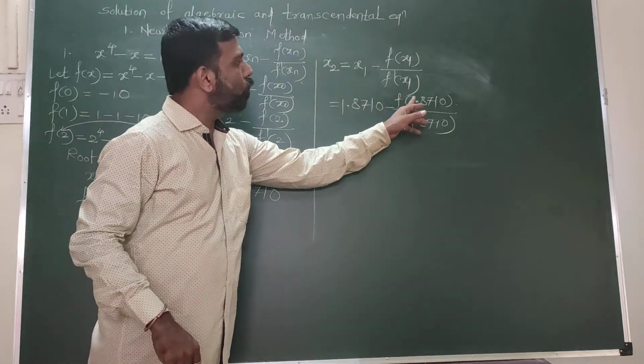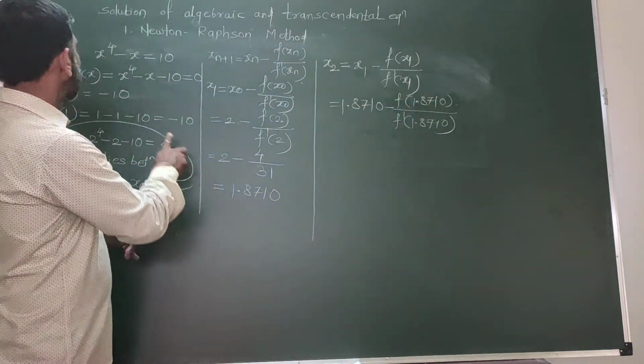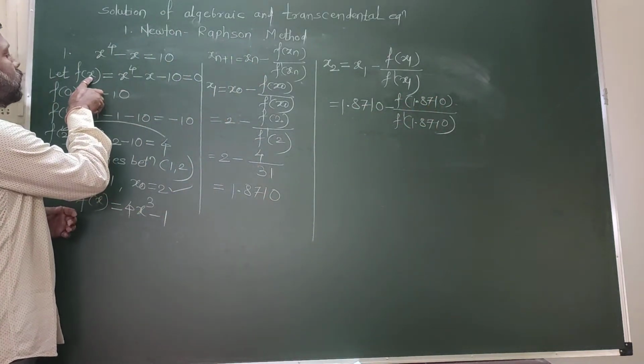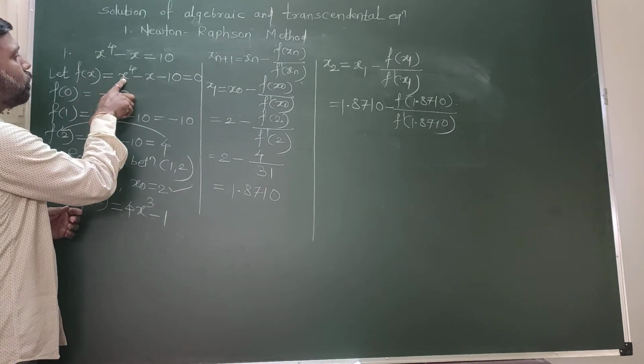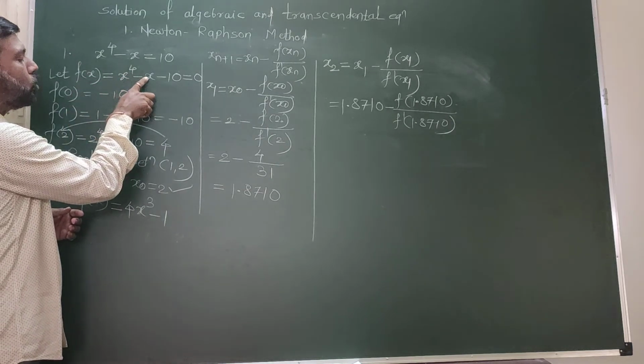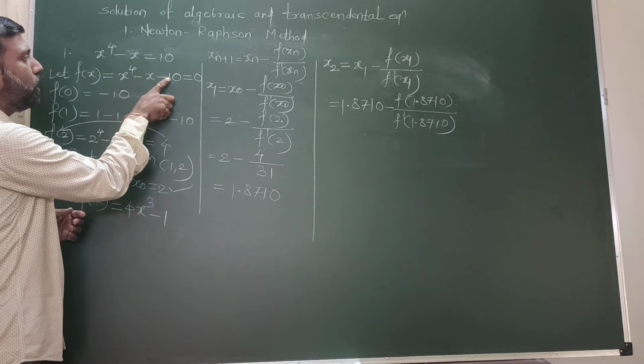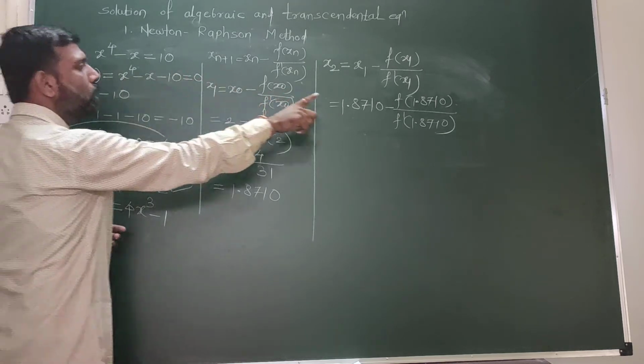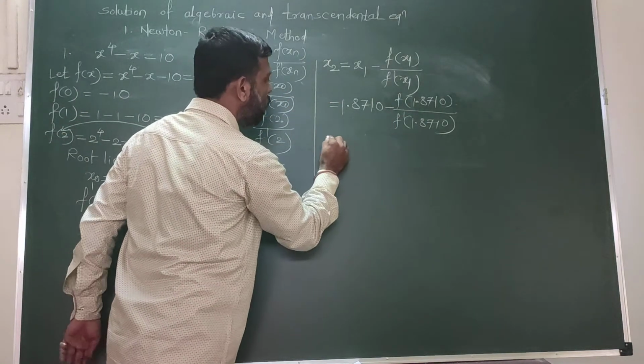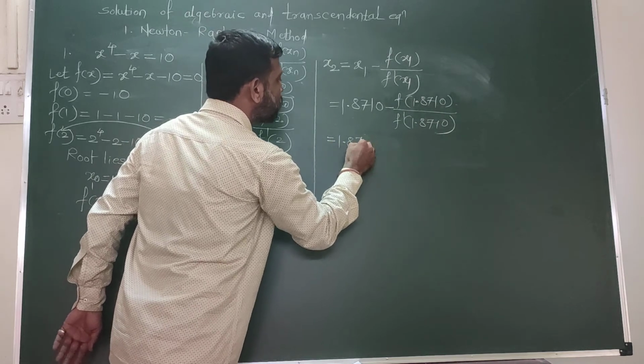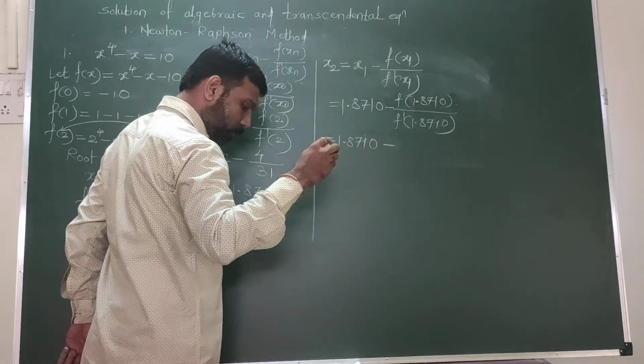Now f of 1.8710: substitute in this polynomial, 1.8710 raised to 4 minus 1.8710 minus 10, and after calculation we have this value. Then f dash of 1.8710, calculate this and substitute.